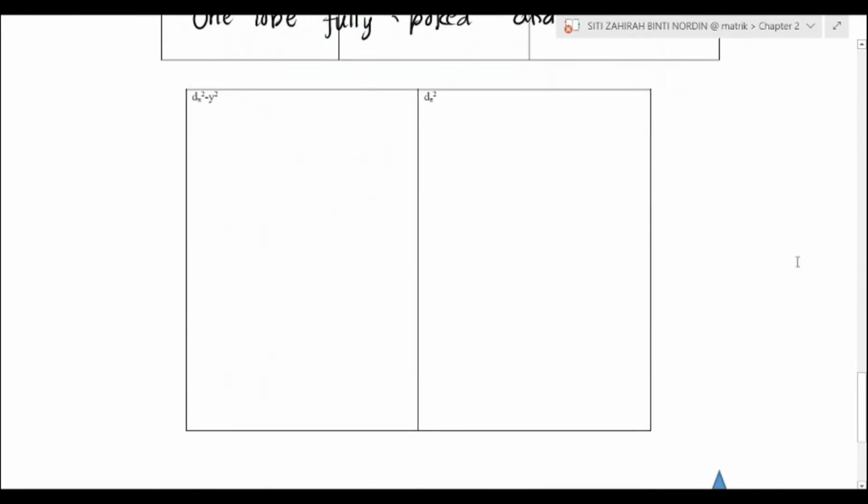For dx square minus y square, you need to draw the lobes first. Let's draw our clover leaf first, 1, 2, 3, 4 lobes all together. So what do you need to poke? X and Y. So this must be the X axis.